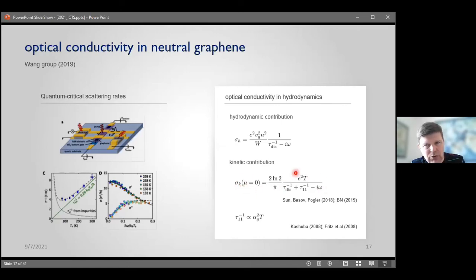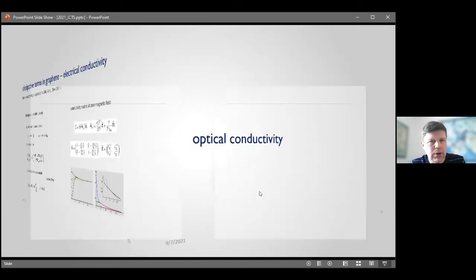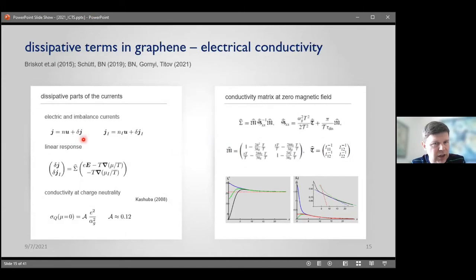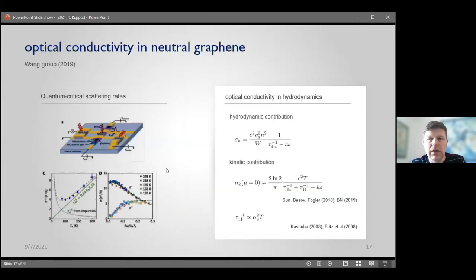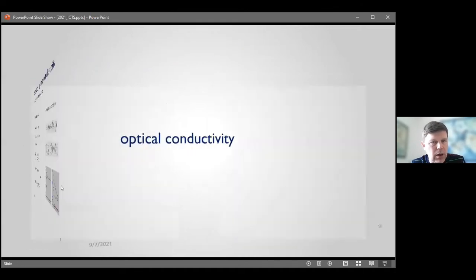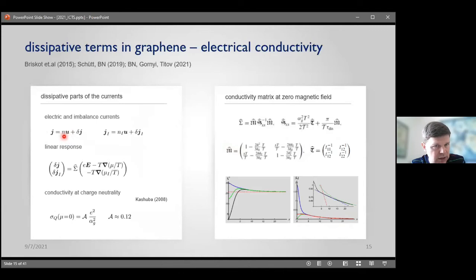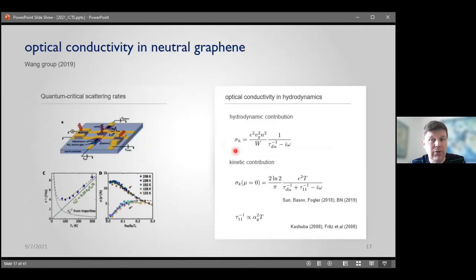One is this kinetic contribution, which exactly corresponds to these corrections, delta j, this dissipative correction to the current. Plus, there is a hydrodynamic contribution, which is exactly this density times velocity contribution to current. Because it's density, the corresponding conductivity is proportional to density squared, and at the Dirac point that's 0. So precisely at the Dirac point there is only this kinetic contribution to conductivity that's important.